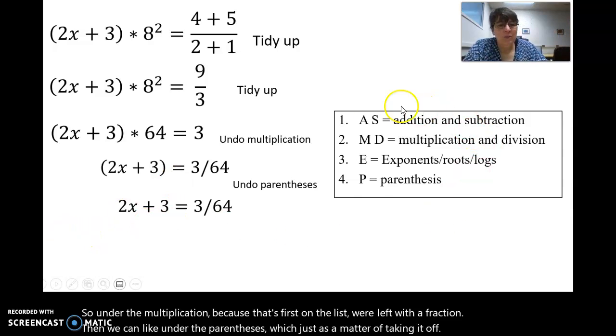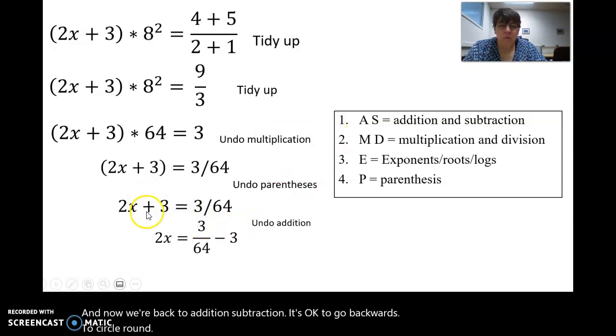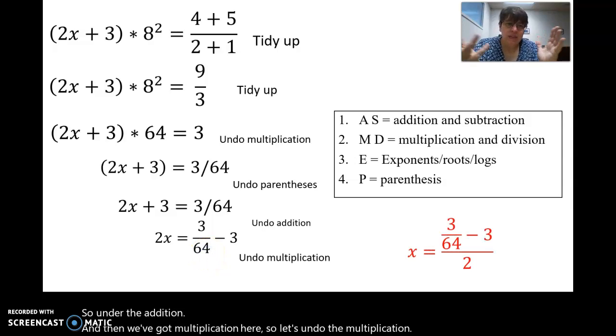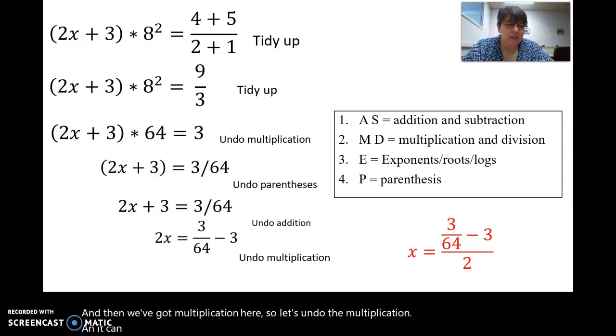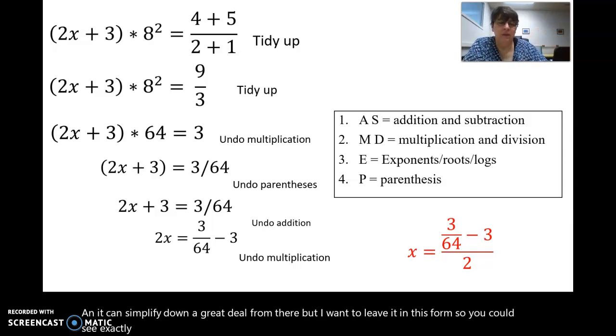And now, whoo, we're back to addition and subtraction. It's okay to go backwards, to circle around. So we'll undo the addition, and then we've got multiplication here, so let's undo the multiplication. And it can simplify down a great deal from there, but I want to leave it in this form so you can see exactly what steps I took.